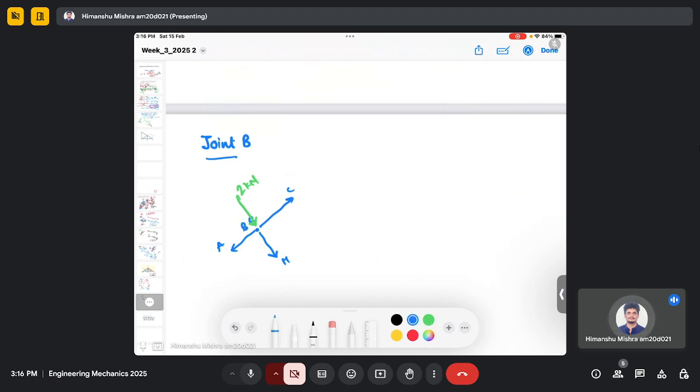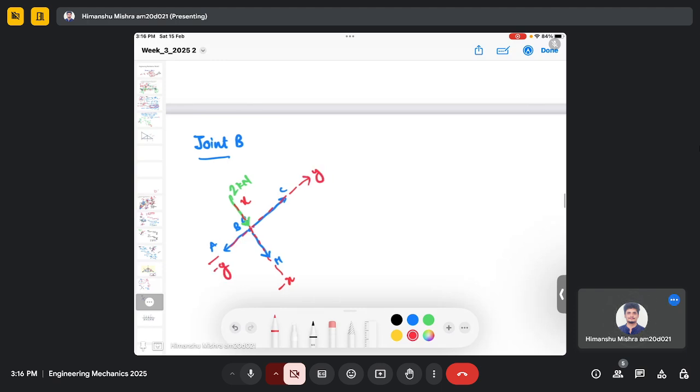So this is my joint B, and again we can use the tilted coordinate system. This time I can use this coordinate, which is, let's say, my minus x, and this is x, and this can be my y, or this could be minus y, because I don't want to deal with the components, or find out the angle theta and describe the component of force. So I define this coordinate system.